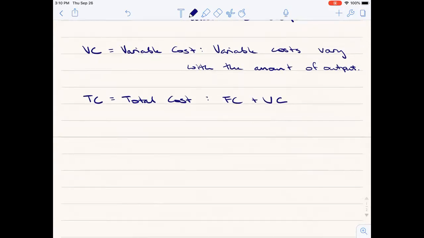So the total cost is the fixed cost plus the variable cost. I'll throw a box around that because it's on your formula sheet. In fact, it's the first one. Variable cost plus the fixed cost is the same as the fixed cost plus the variable cost.